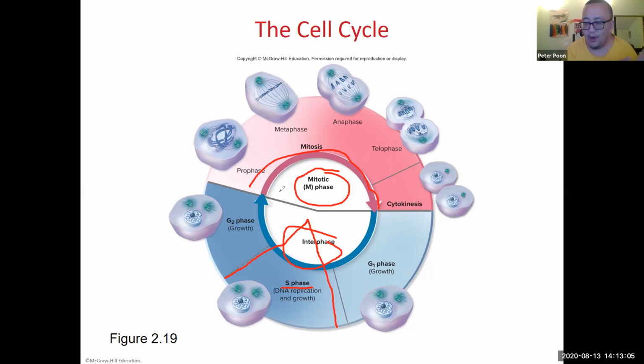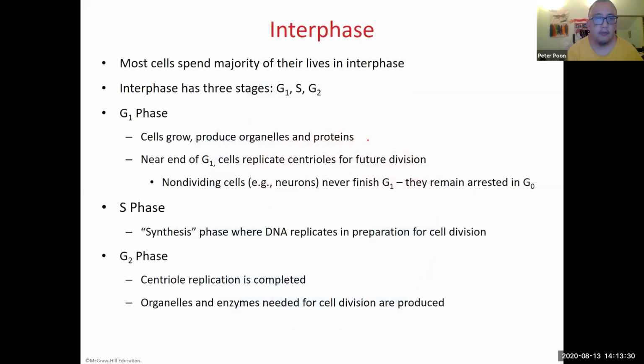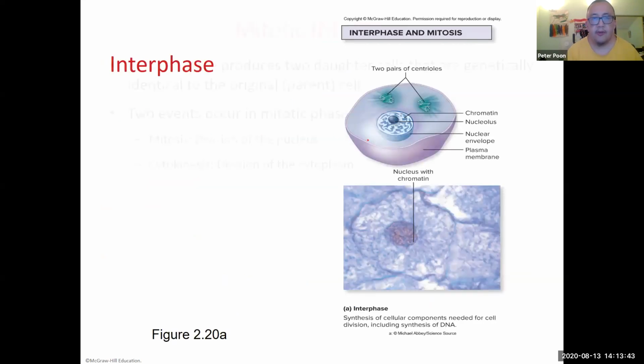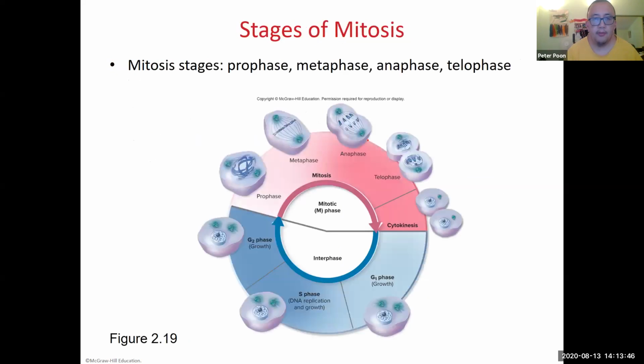Now we've renamed them growth phase 1 and growth phase 2, depending on the textbook, because there's a lot of growth going on in those stages. So interphase has 3 stages: G1, S, and G2. The stages of mitosis: prophase, metaphase, anaphase, telophase.